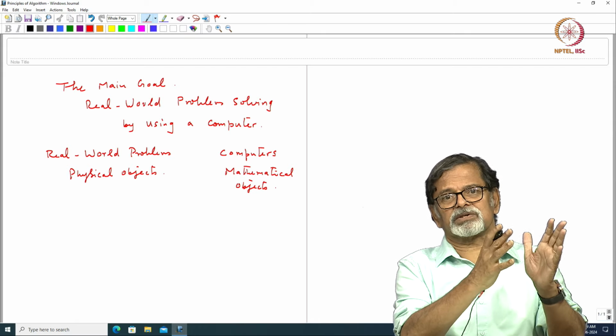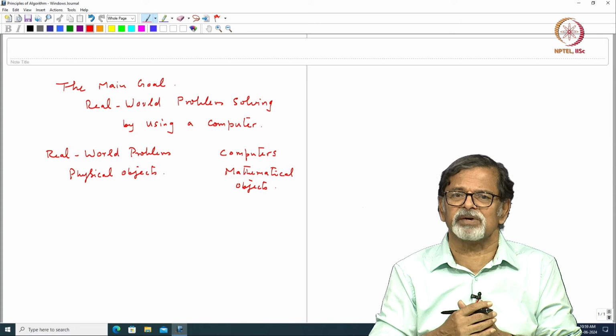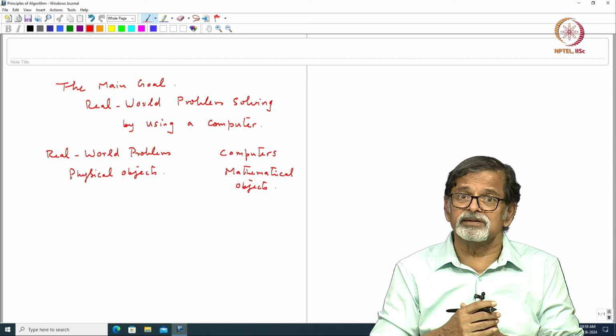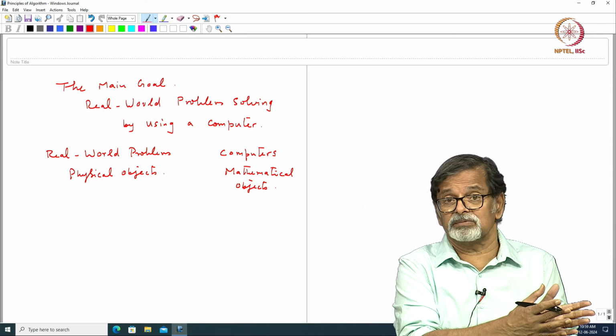Real world problems involve dealing with, interacting with and working with physical objects, whereas computers are capable of only handling abstract mathematical objects. We want to solve the real world problem by using a computer. So how do we bridge the gap?